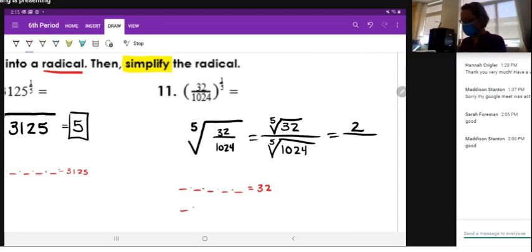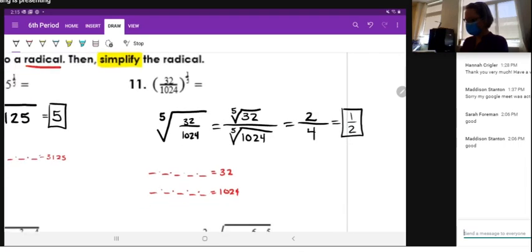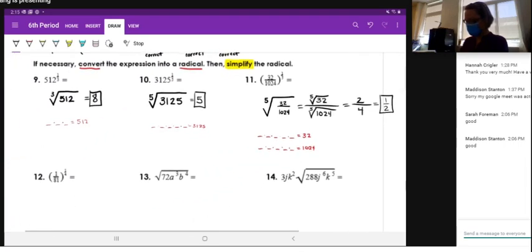We're looking for something that multiplies to itself 5 times to give us 1,024. And I heard someone yell it out. It's 4. Very good. So we can simplify this one more time because that's a fraction. We end up with 1/2. Awesome. I like the sound of that.